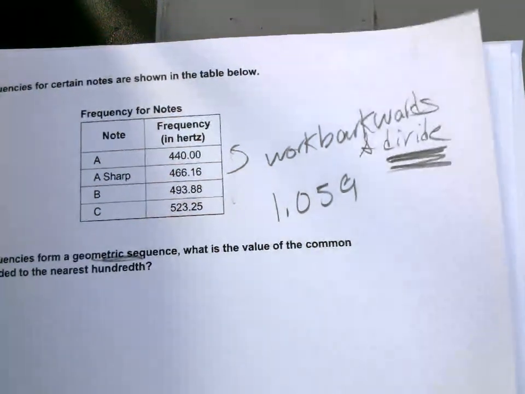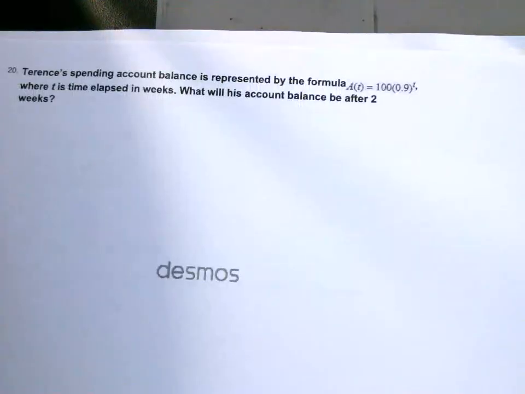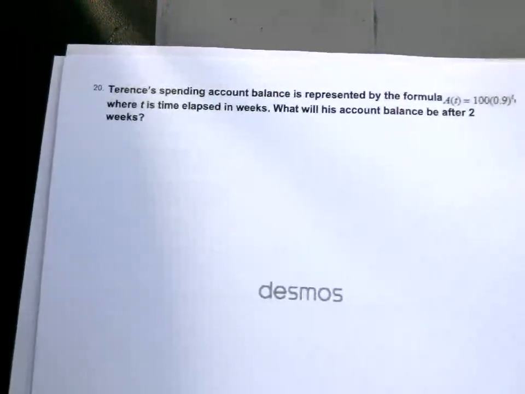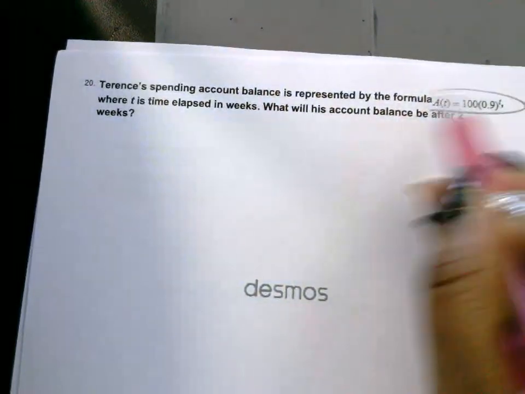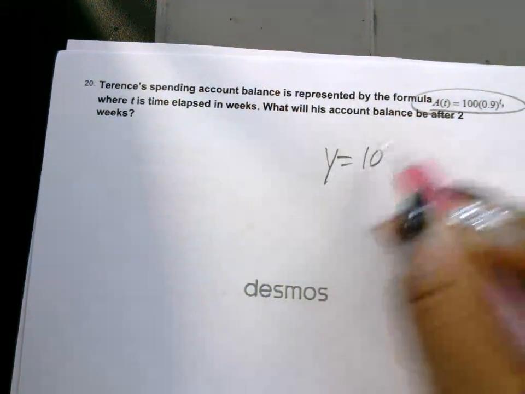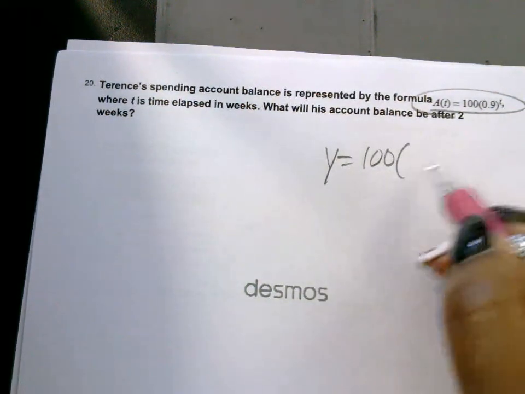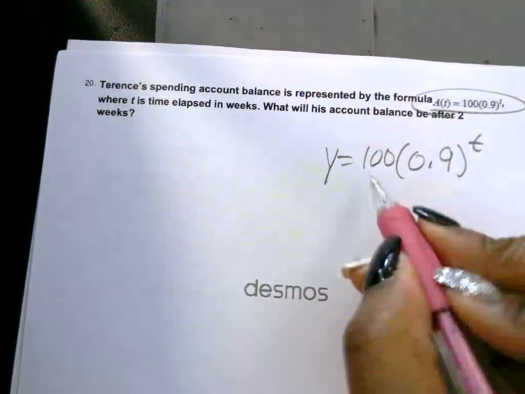Anyone still writing? Okay, Larry, let me know when you finish, babe. It says Terrence's spending account balance is represented here. So look, I'm gonna put Y, okay, instead of A sub T. What is that 100 represent there? This is the starting amount.